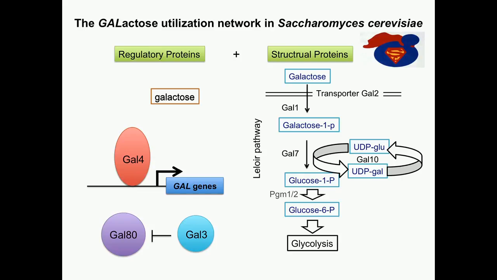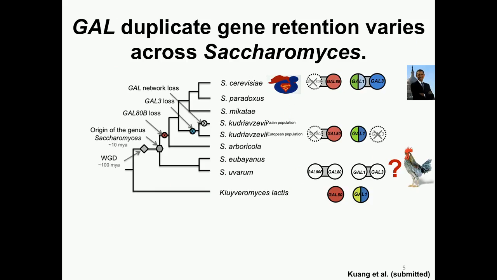The gene network comes on, and it encodes the transporters and enzymes necessary to bring galactose into the cell and perform the necessary modifications so that it can go through glycolysis and then ultimately either be fermented or respired. It turns out you don't have to go very far from Saccharomyces cerevisiae to get some really profound differences in gene content.